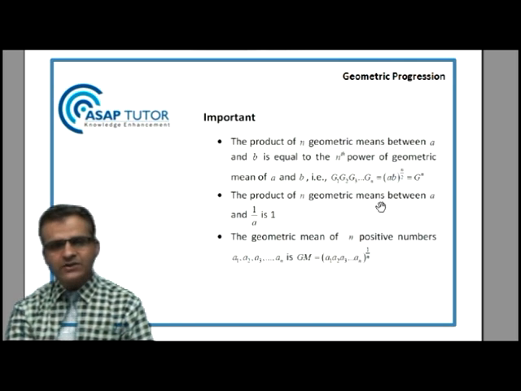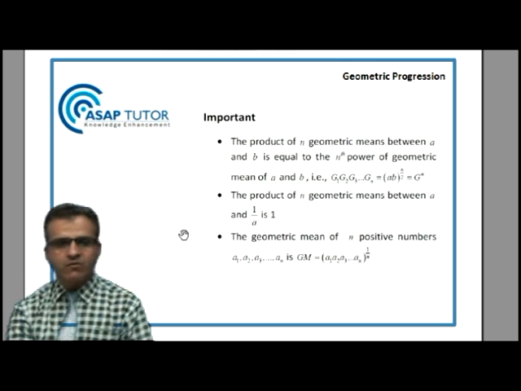The product of n geometric means between a and 1 by a is always equal to 1. And the geometric mean of n positive numbers is always equal to (a1 into a2 into a3 into a4 and so on up to an) whole raised to the power 1 by n.